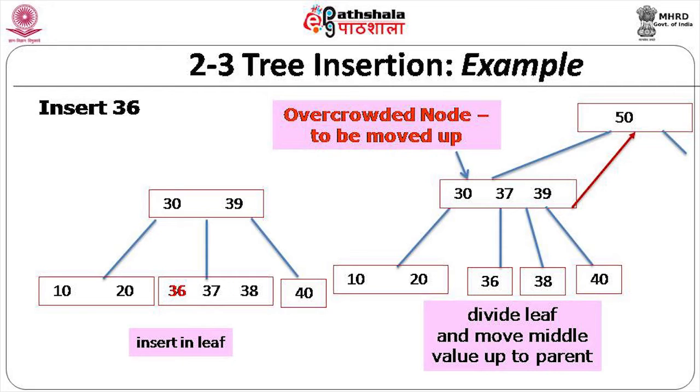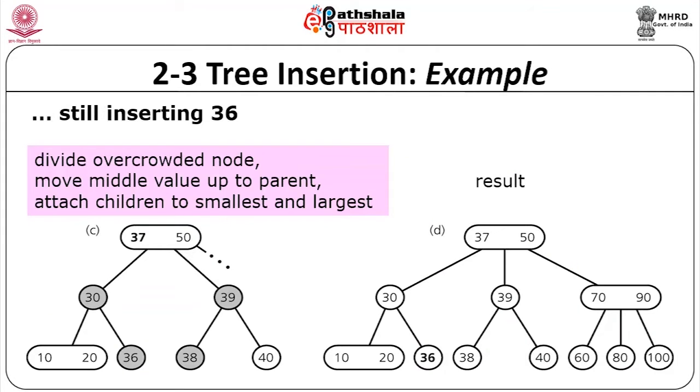That is what we have to do, it is overcrowded there. Now, when you insert 36, divide the overcrowded node and move the middle value to the parent and attach the children to the smallest and the largest. So, the result will be as shown there.